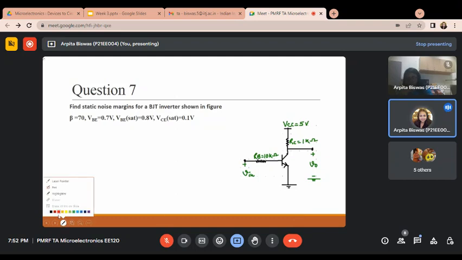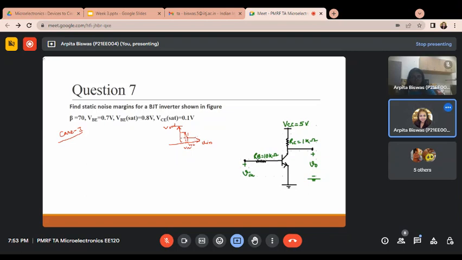I think up to this you have. So, at first, case 1. Here we know the transfer characteristics. The input low, then input high.